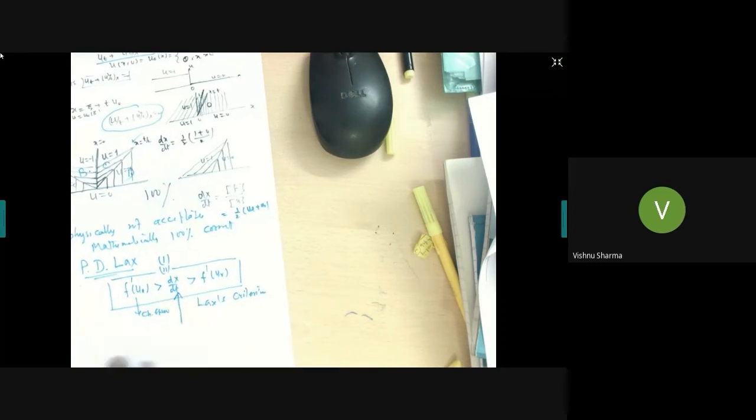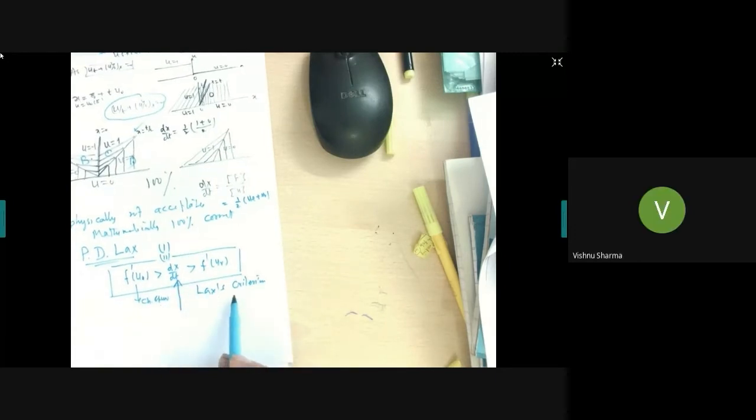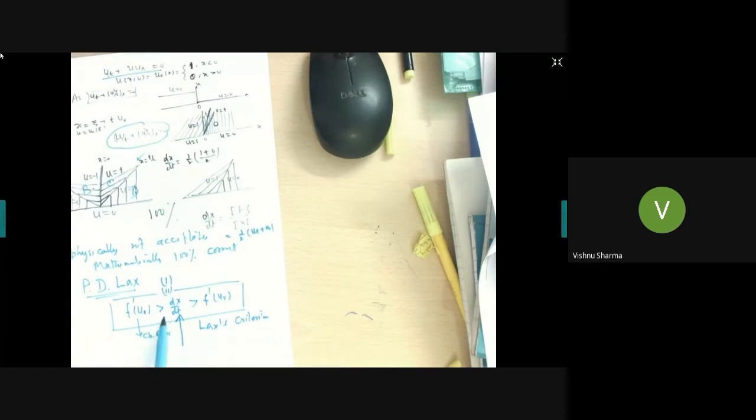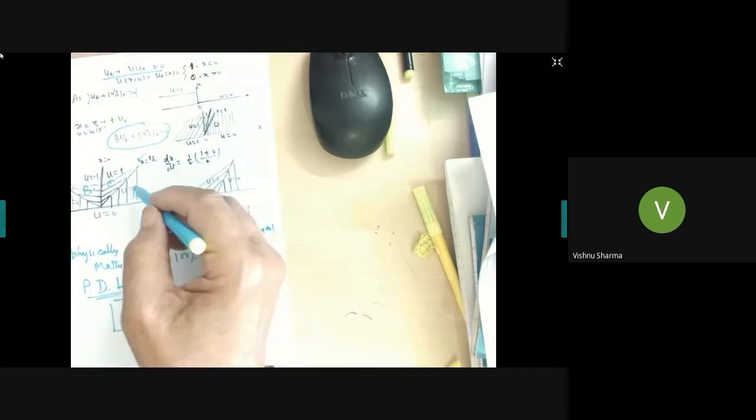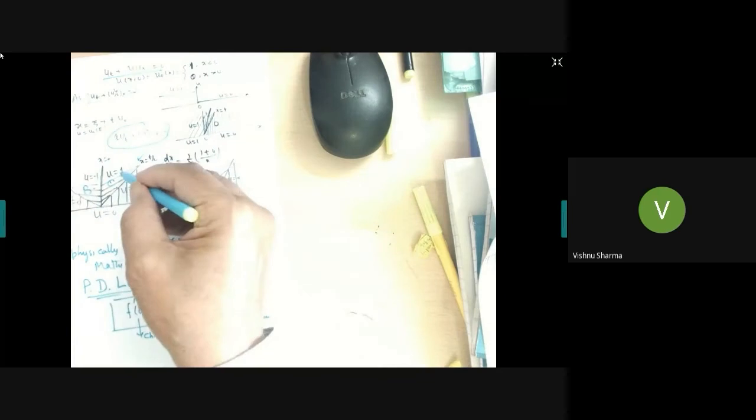He is a recipient of the Euler prize in 2005. So if we look at this criterion, this solution is not valid, because the characteristic speed on the left should be greater than the characteristic speed on the right. It is 1 here and 0 there, so it does not satisfy this condition.